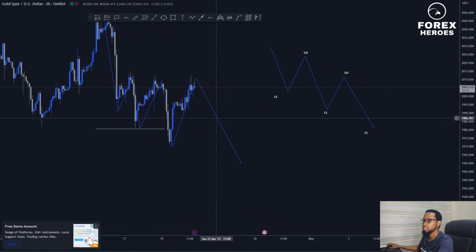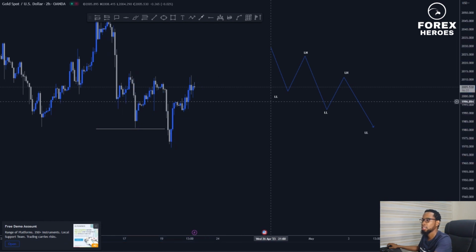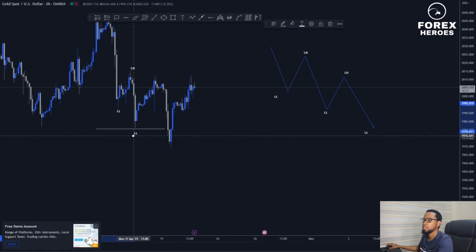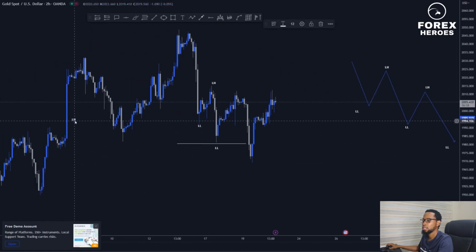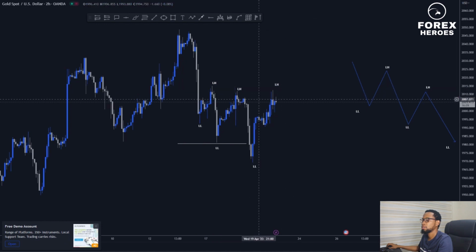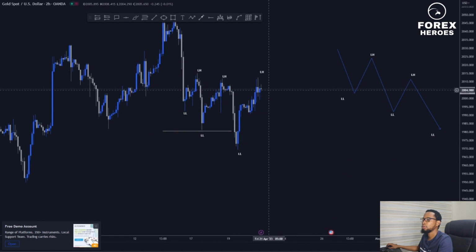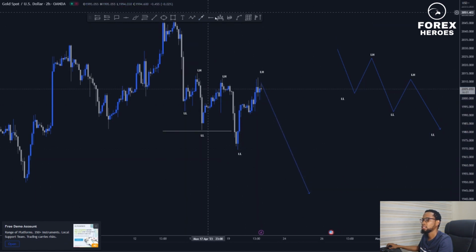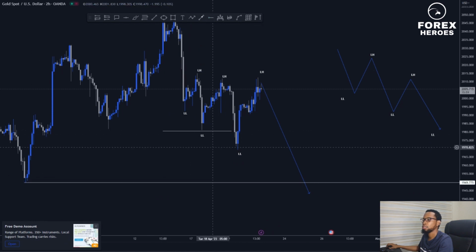This is the lower low, lower high, lower low, right here, lower low, right? Lower high, lower high. So expecting the market to come and break the low below this one, right? I see the market coming subsequently to this point.